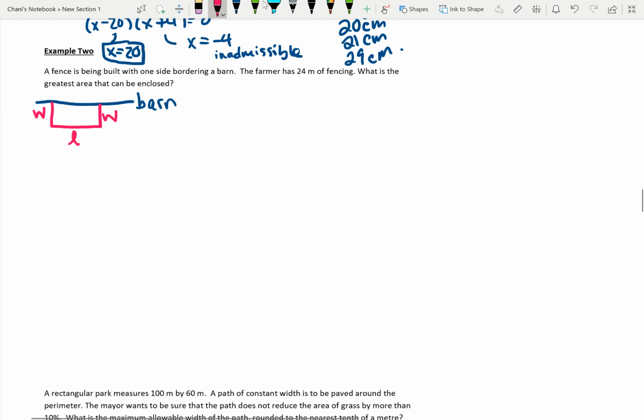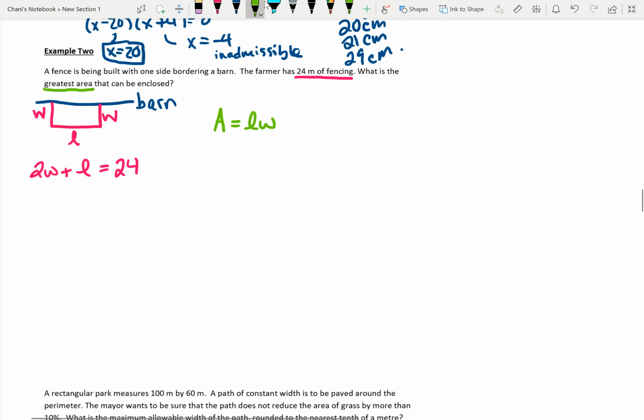The farmer has 24 meters of fencing. So that means that altogether, the 2 widths and the length will equal 24. What is the greatest area that can be enclosed? The area of this is length times width.